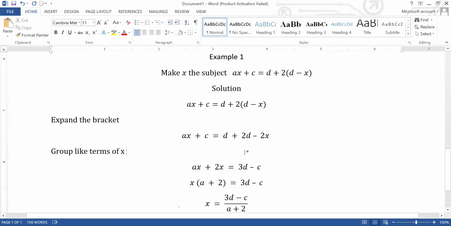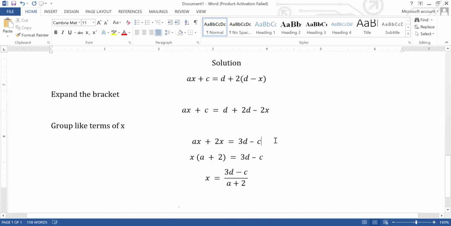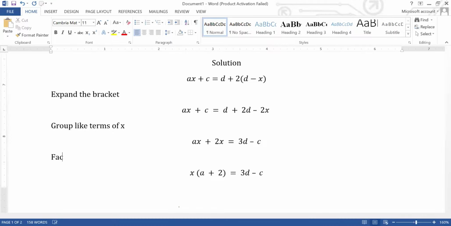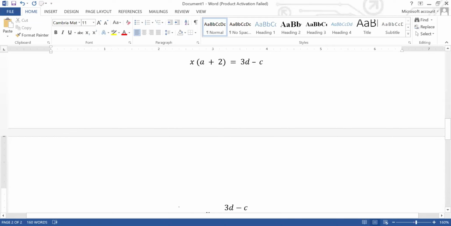You want x to stand alone, right? Then you factorize x out, and then you divide by the unwanted variable, right?